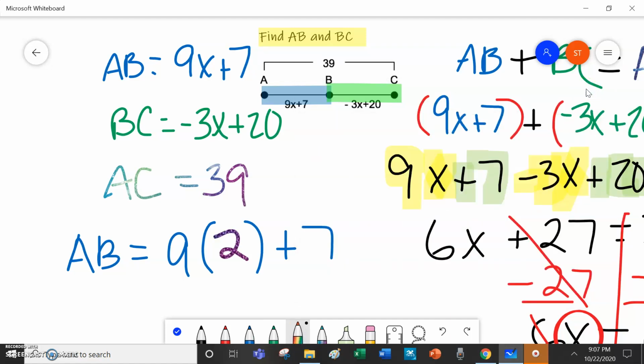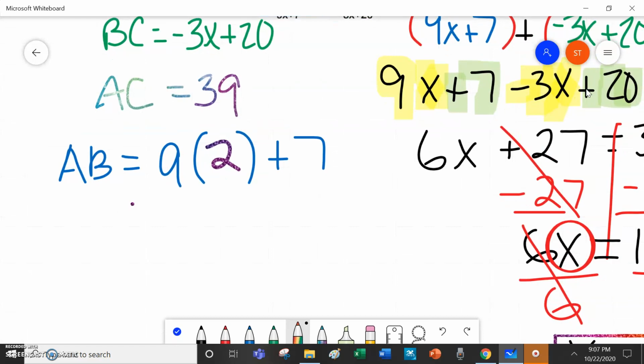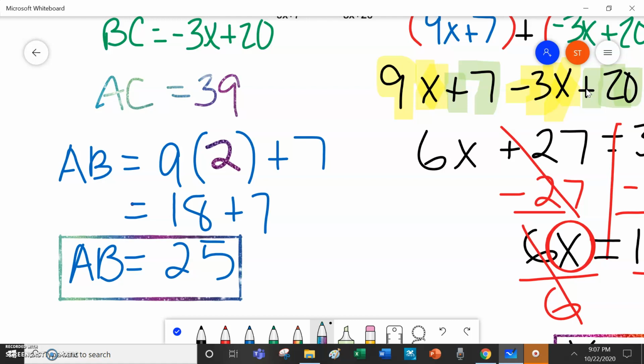When I do 9 times 2, I get 18, plus 7, and 18 plus 7 is 25. So AB equals 25. I indicate that this is done by putting it in a box indicating that that is my correct answer.